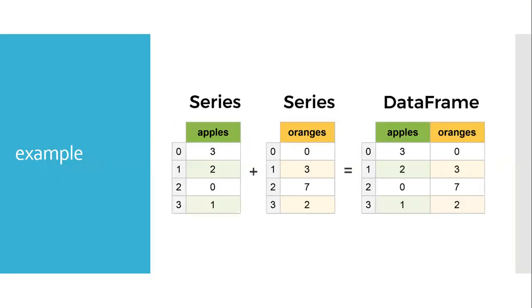I'm going to show you one example. Check out here. There are two Series. This is the first Series. This is the second Series. Series means a one-dimensional array, so one-dimensional data. This is one-dimensional, this is one-dimensional, but the combination of these two forms the DataFrame. So you can say a DataFrame is a combination of Series objects. You have to remember this point.